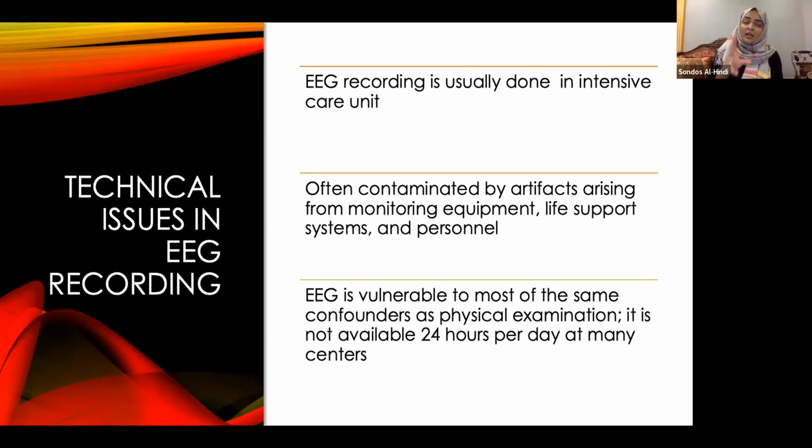You will see an ECG-like discharge or reactivity just because of ongoing external stimuli. It's rare, but the whole setup gives a lot of contamination to our EEG. Again, EEG is vulnerable to most of the confounders of the physical examination. So just like you can't do a clear-cut clinical examination because the patient is on sedative medication, you can't get a clear EEG.